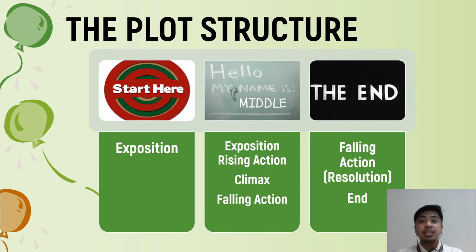And then proceed to the climax, the highest peak of interest, and then proceed with the falling action. The characters are starting to resolve, or the crisis or the issue has been resolved. That could also be part of the middle. And then the end part would be, of course, the resolution, the actual resolution, and the end of the story.